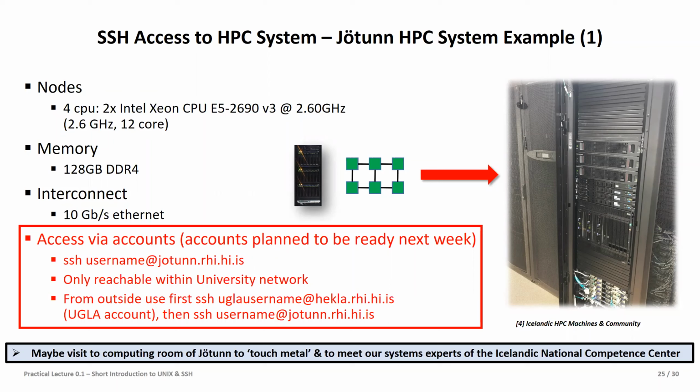There are 4 CPUs, 2 times Intel Xeon CPUs we are going to use here and there. So it's not a very big cluster, but we can use it quite interestingly for lots of different tasks and to learn essentially just the basics of MPI.